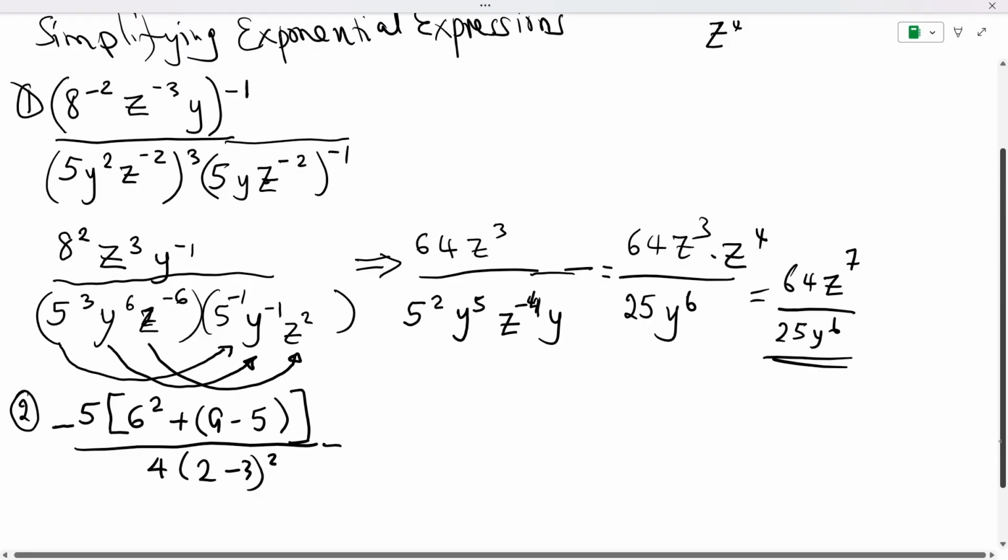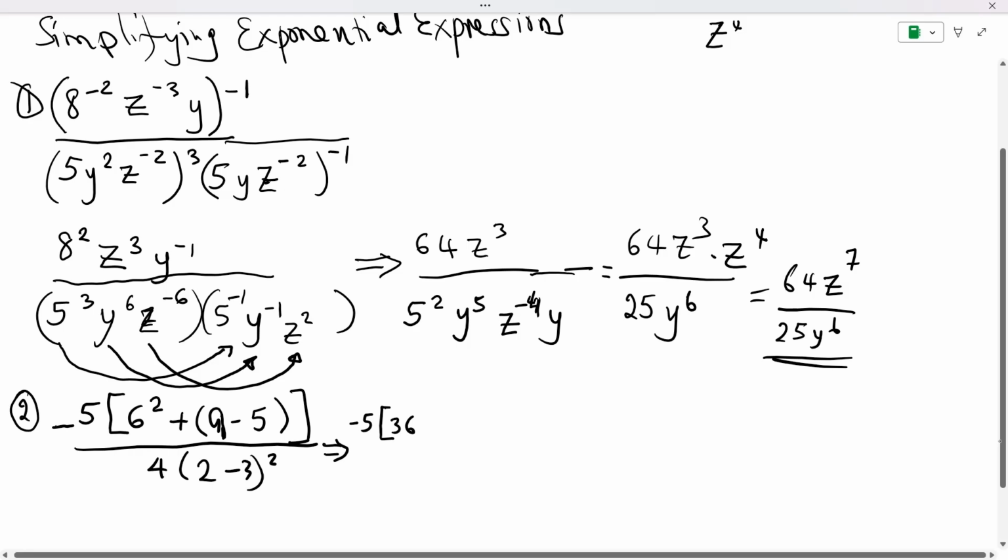We will go on to simplify this expression beginning from the parenthesis and the inner parenthesis. So we have minus 5 into 36. 6 squared is 36 plus 9 minus 5.